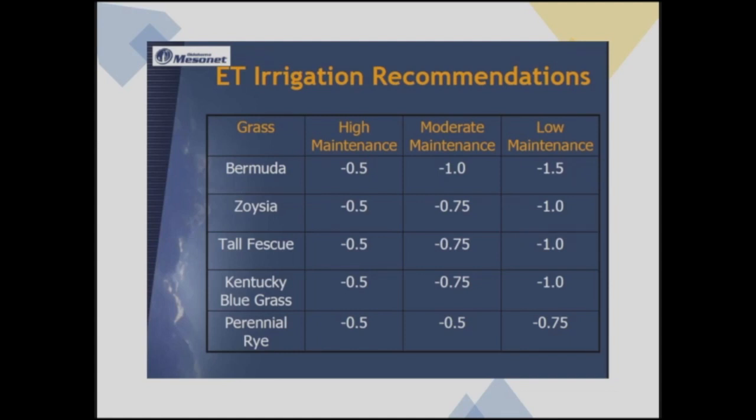Bermuda grass is the one that has probably the least requirement based on what we're doing. So high maintenance versus moderate maintenance versus low maintenance. You can see that the replacements are different. We need to start worrying sooner if we have high maintenance fields. We need to start replacing the water faster than if we have really low maintenance areas.